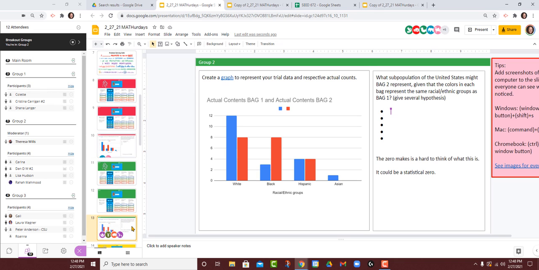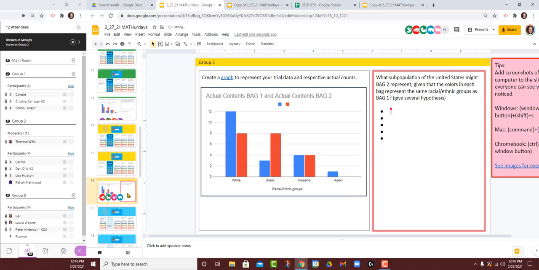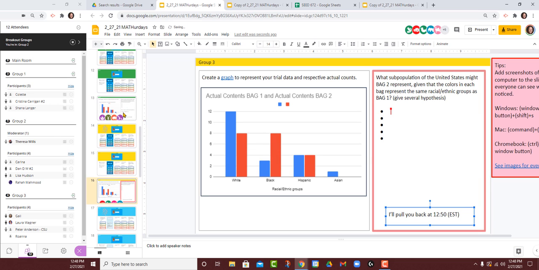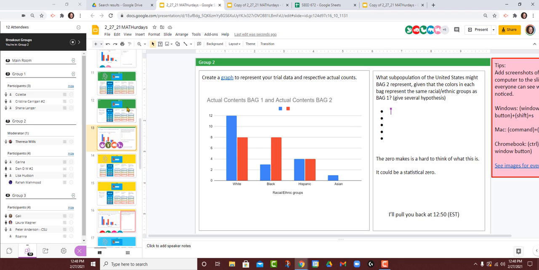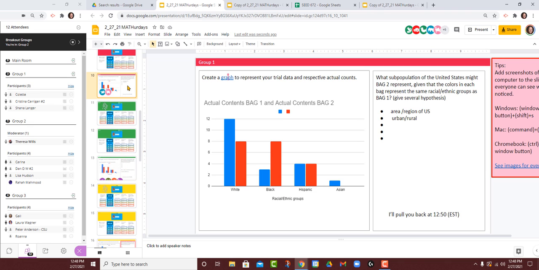I don't know. I think the way to kind of picture it is like you went out and you counted all the people you saw in groups of 5. You saw 5 Asians this time and 3 blacks, whatever. It just happened to be every time you looked out, you didn't see Asians. So it was too small a sample size. That is really the best explanation, I would say.